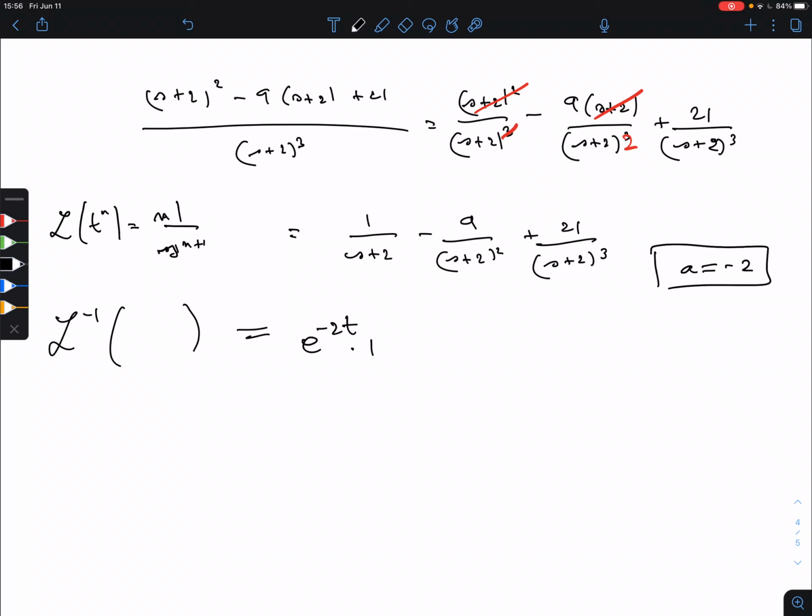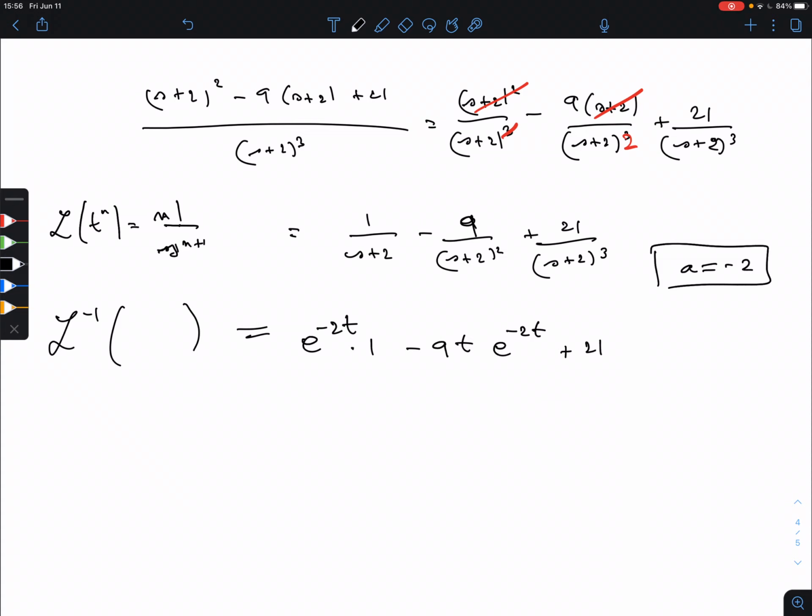So in other words, whatever power you have here, the inverse will have a power less. This is power 1, so the inverse will be just a constant. This will be power 2, so the inverse will be t. So we get, and this was a 9, so this is minus 9t e to the minus 2t, and this will be plus 21.